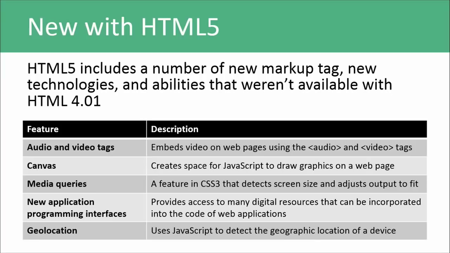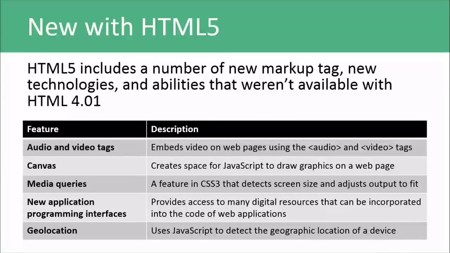And then we also have new application programming interfaces, which give us a quicker way to access digital and hardware resources. Finally, you might have something like geolocation, which allows us to access our latitude and longitude, our location, wherever we're walking around about town.